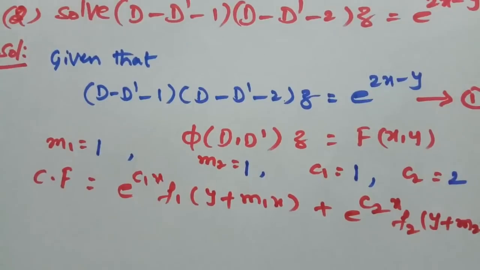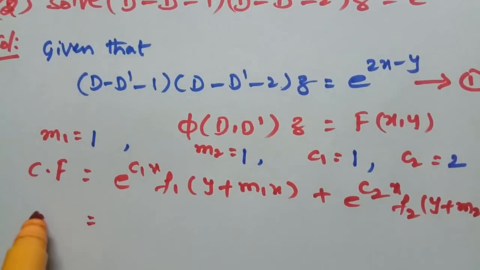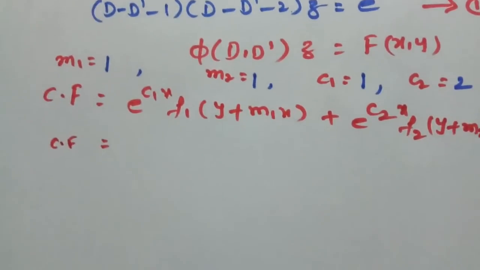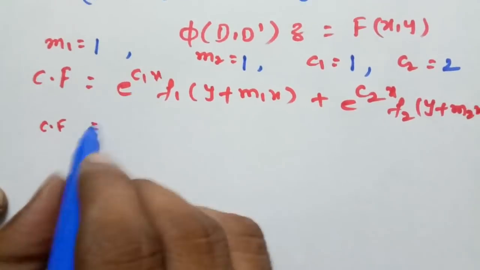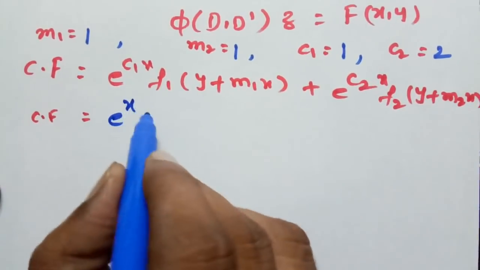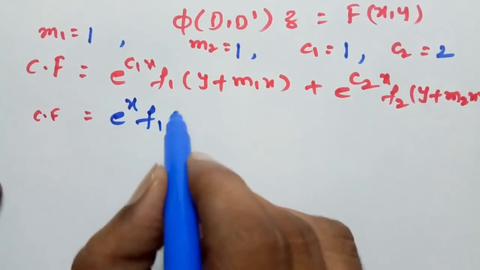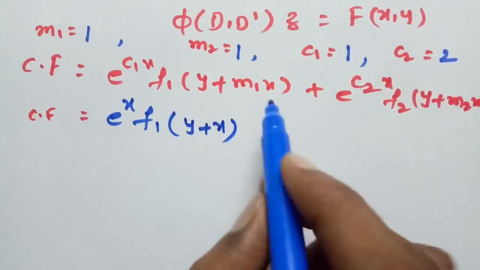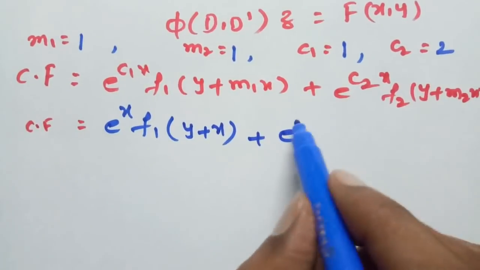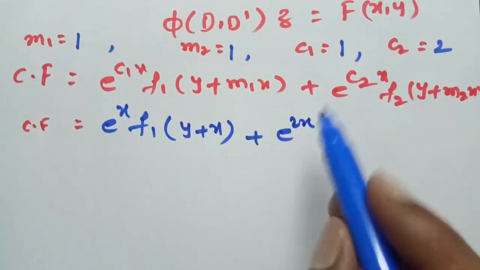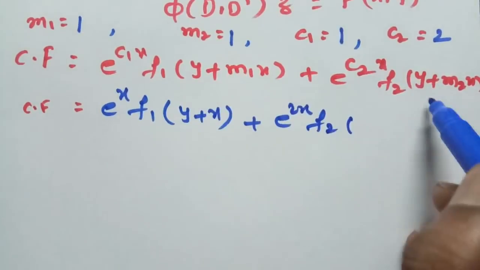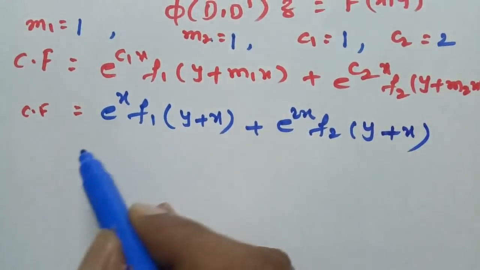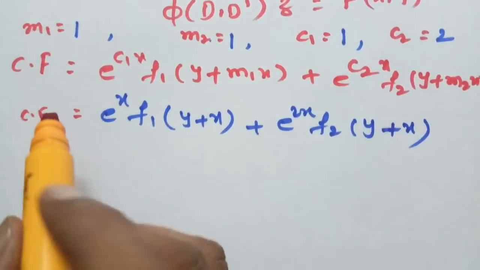Therefore this is equal to e^x f1(y + x) + e^(2x) f2(y + x), since c2 is 2, which is the complementary function.